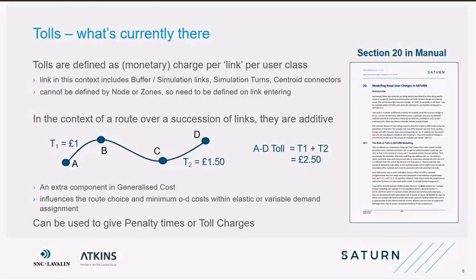And it cannot be defined by node or zones. If the tolls are on routes or a succession of links, then they become additive. So for example, in the picture, if a trip is going from A to D, then the toll would be a summation of 1 pound and 1.5 pounds. So the toll will be 2.5 pounds, which will be used in the GC calculation of the trip that's using those two links.